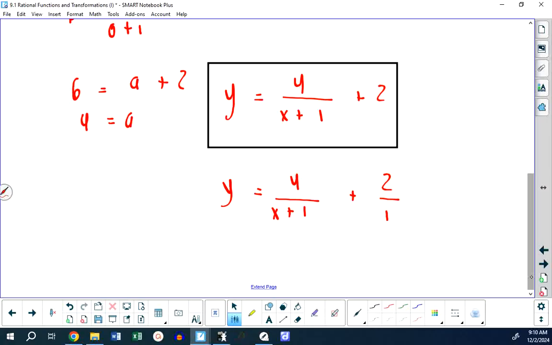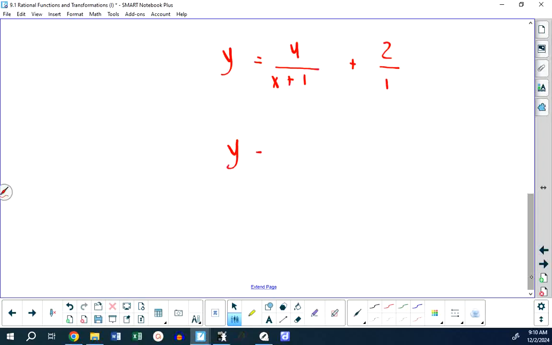The common denominator would have to be x plus 1, which would mean I would have to multiply the top and the bottom of this 2 over 1 by x plus 1. Just take a second here and picture what I've done.